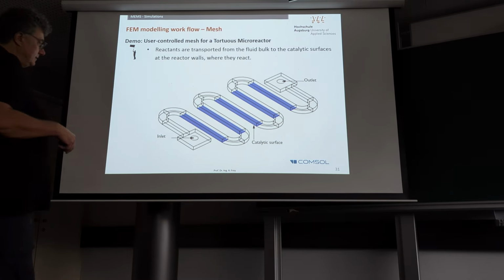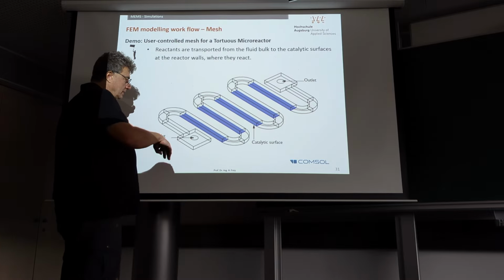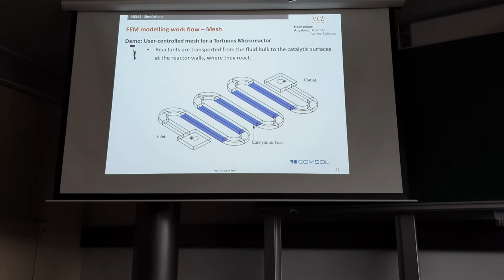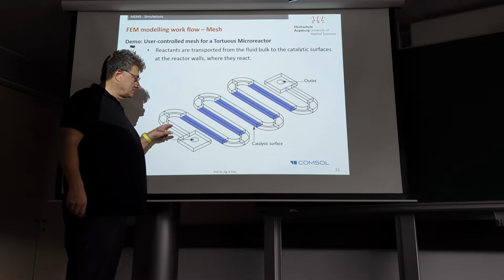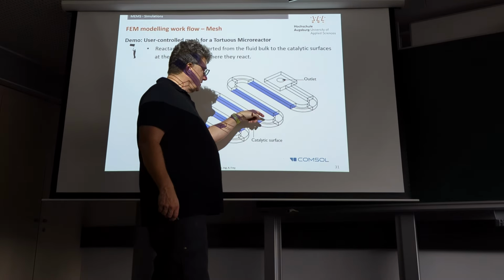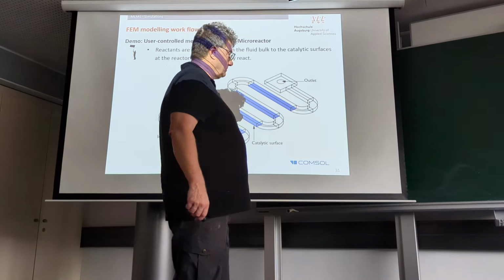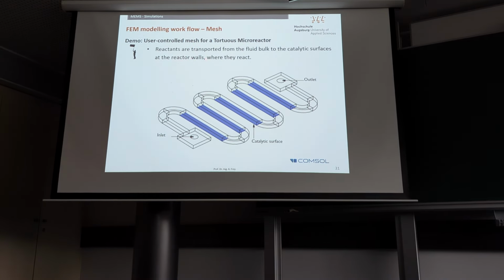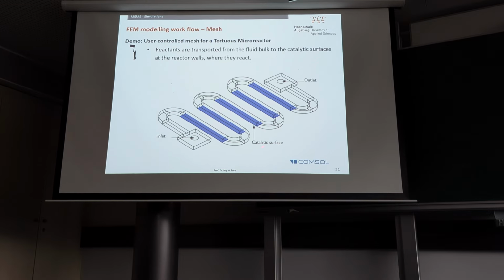And it is a structure where you can run certain substances through. So you have an inlet, that's where you inject a certain substance, then it's flowing along that meander, and here it's coming out. And here you might read the words reactor walls, catalytic surfaces.